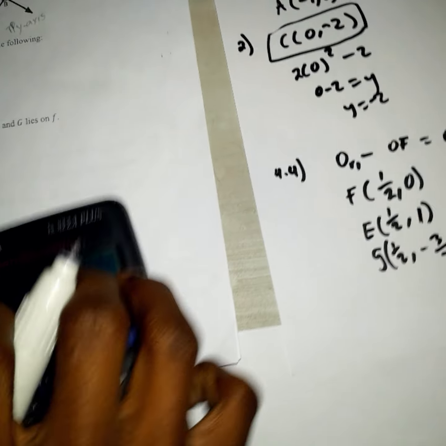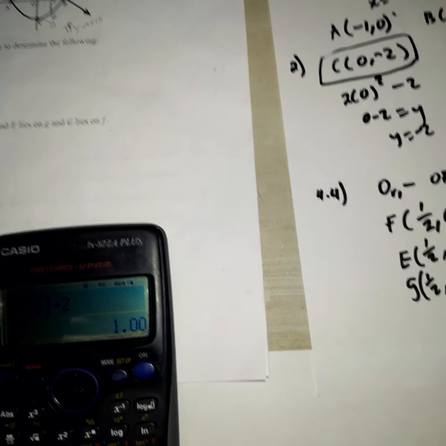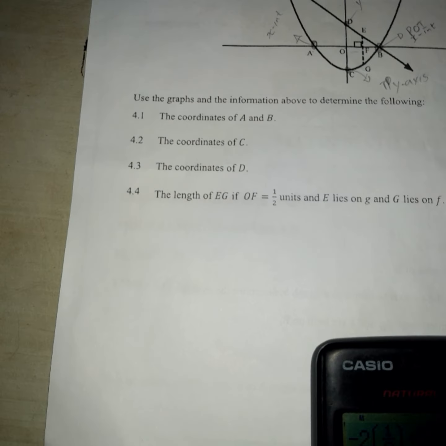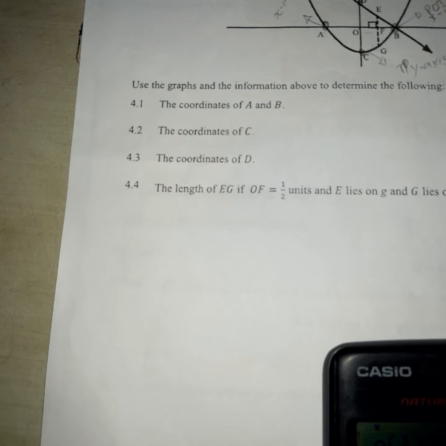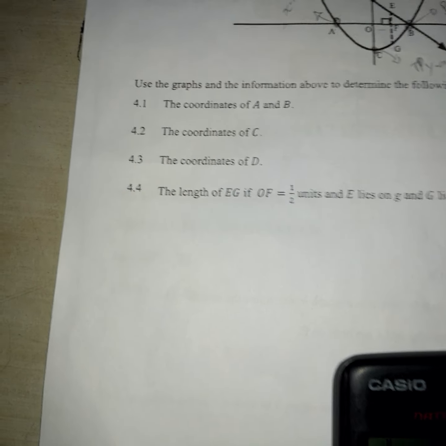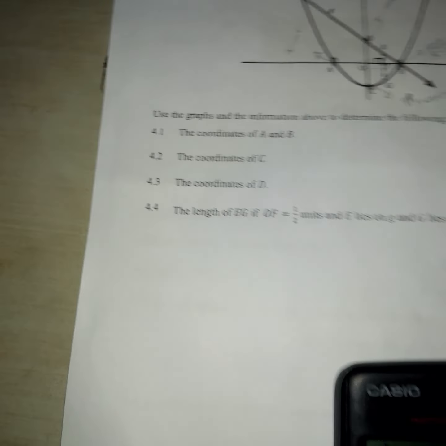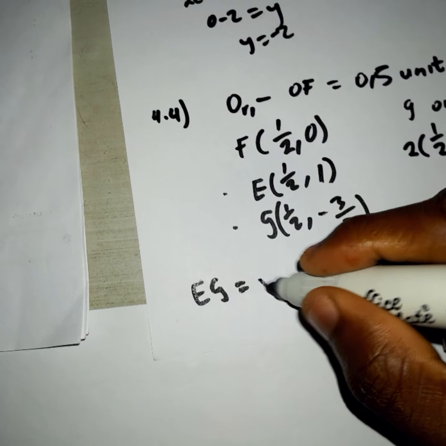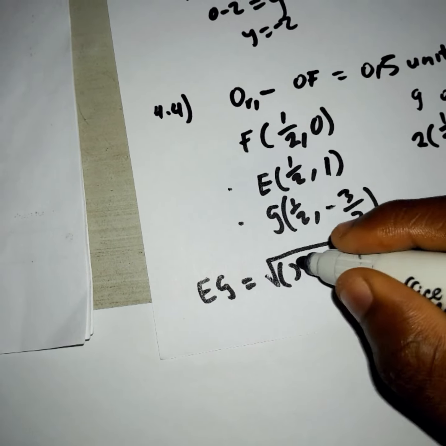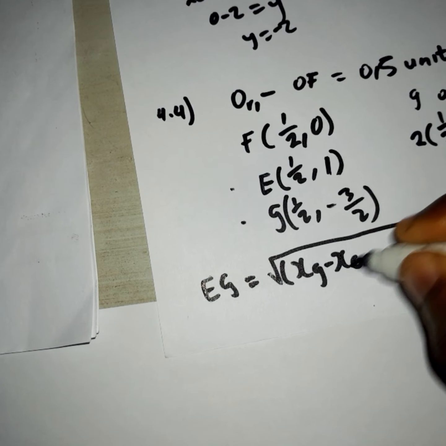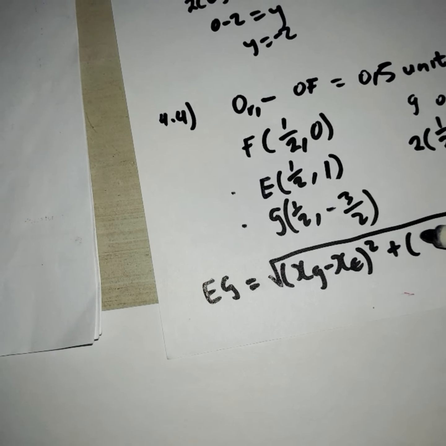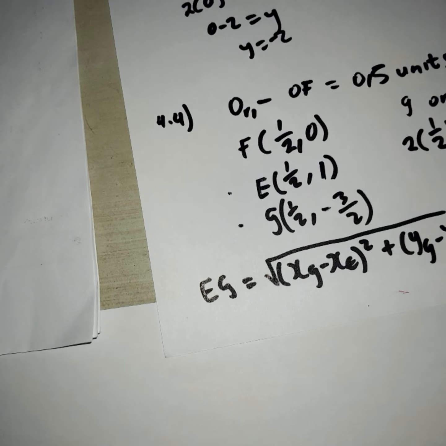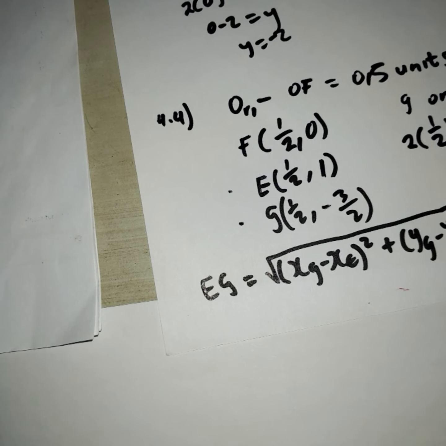So these are the coordinates of E and G. Remember that whenever we're looking for the length or the distance of a particular line, we need to know the coordinates, because the distance formula is like this: the square root of (xg minus xe) squared plus (yg minus ye) squared.